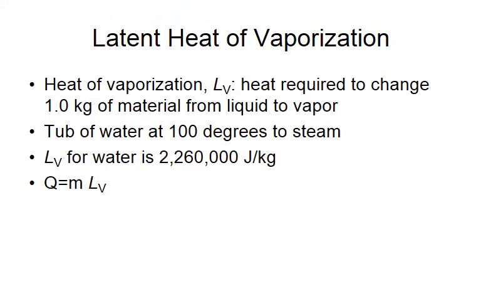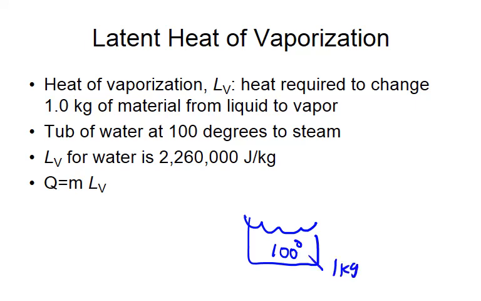Now, vaporization, this one is maybe a little bit easier to remember because this is vaporizing, from a liquid to a vapor, or if we're reversing, cooling, we're going from a vapor to a liquid. We're assuming that our water is ready and it's already at the boiling point. So this is taking water that is already at 100 degrees, and we have 1 kilogram of it.